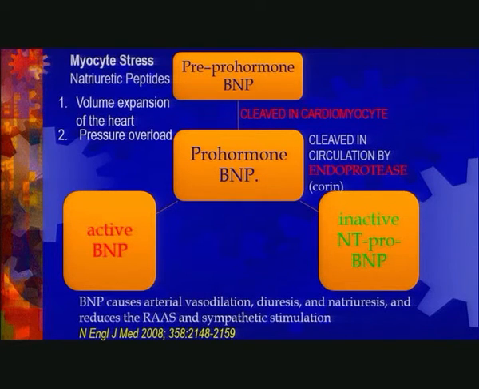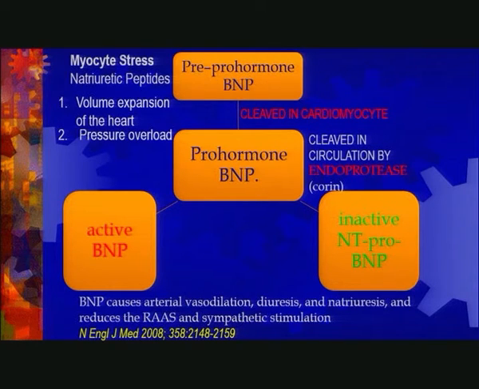Myocyte stress or stretch: myocytes can be stretched or stressed. This stretching or stress of myocytes will lead to transcription of a very important protein, brain natriuretic peptide. Brain natriuretic peptide is not present in normal hearts, as its gene is switched off.